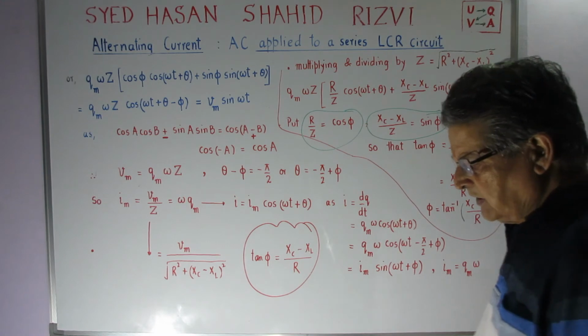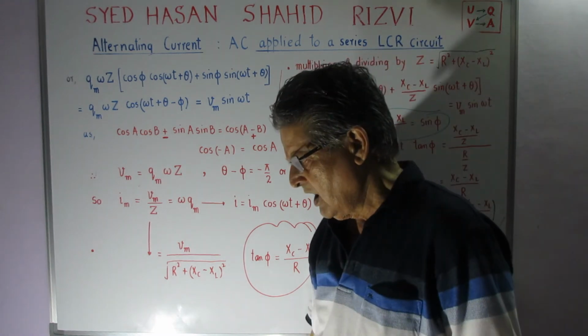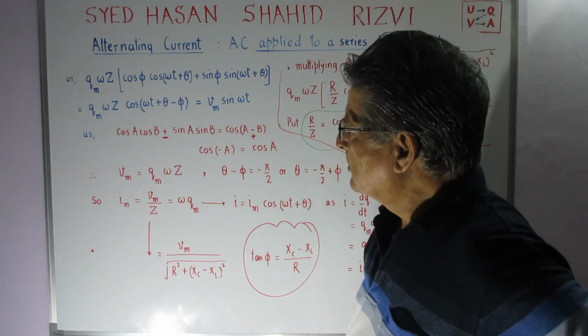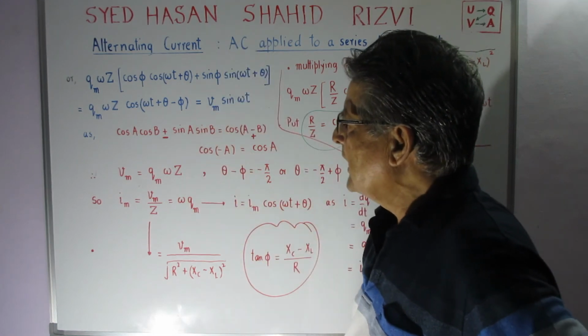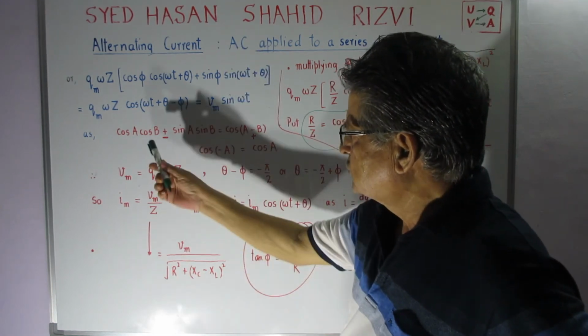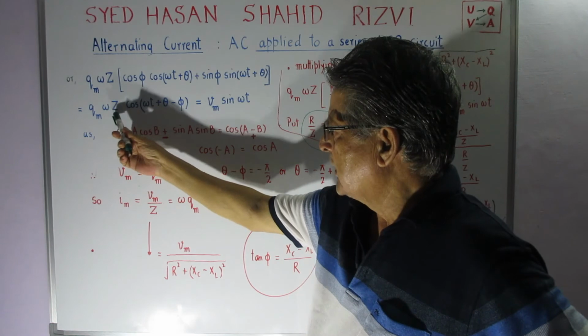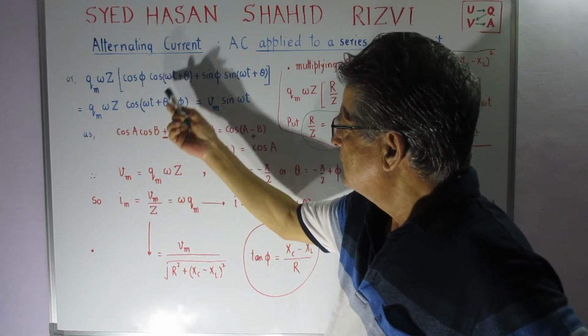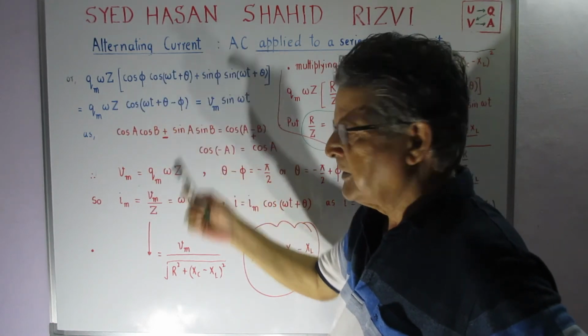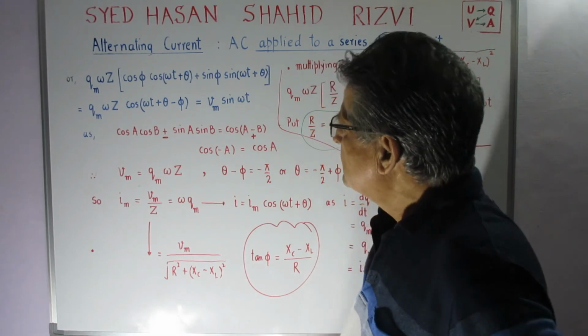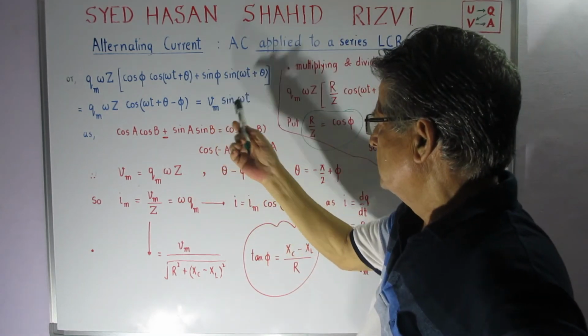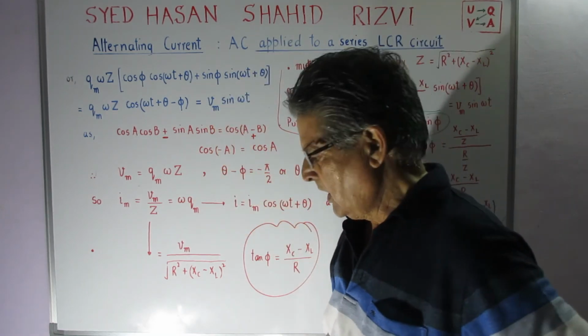This is one of the techniques of solving trigonometrical equations like that, and this is equal to qm omega z cos of omega t plus theta minus phi, which we equate to our Vm sine of omega t, the applied voltage.